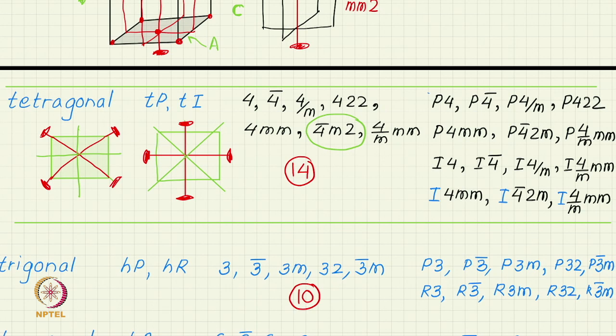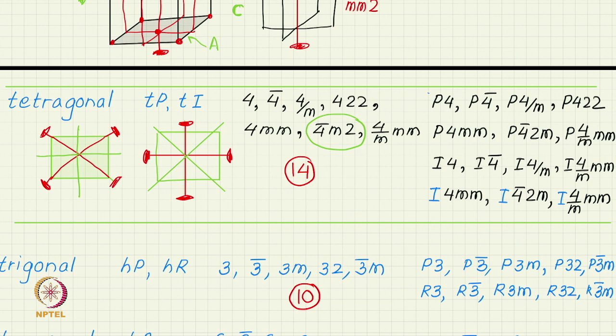So, the way the mirror planes and two-fold axes are related to the translational symmetry are different in these two cases. So, you will generate different space groups if you place it in this different way. So, one of them will be called 4 bar M2. See, I have already mixed up the notation.